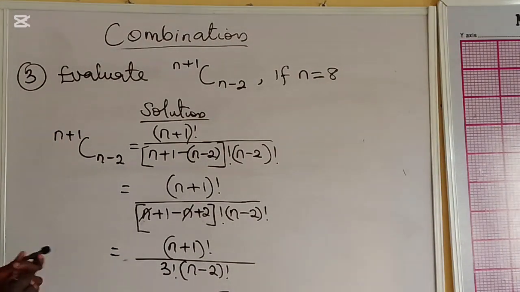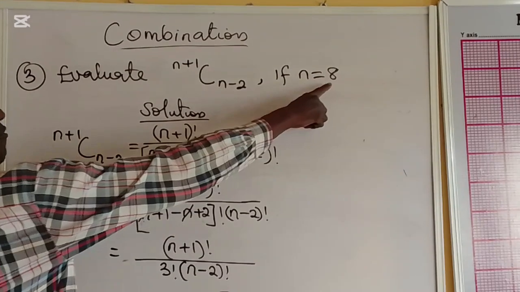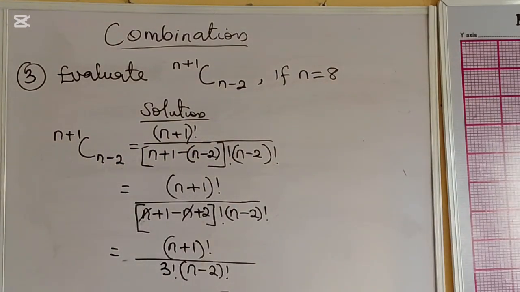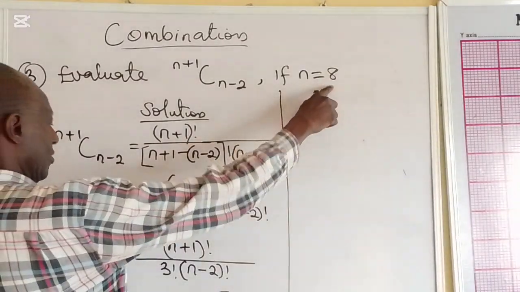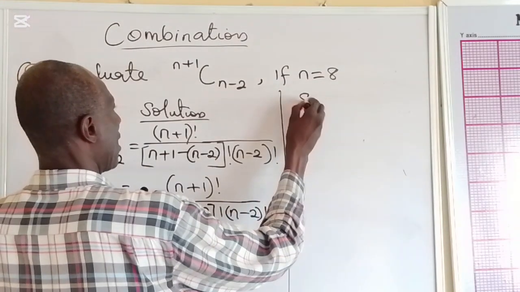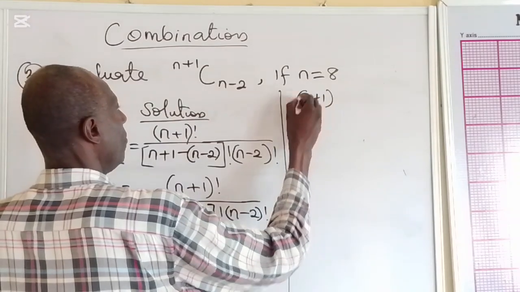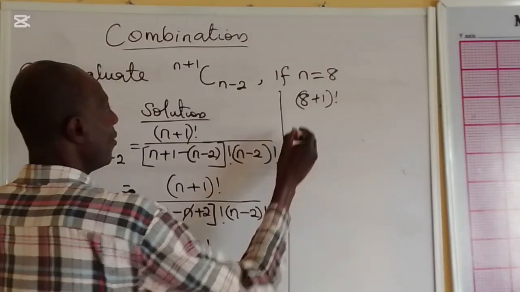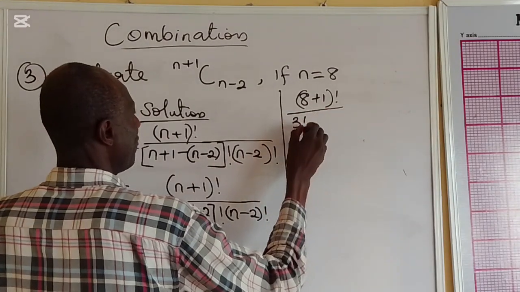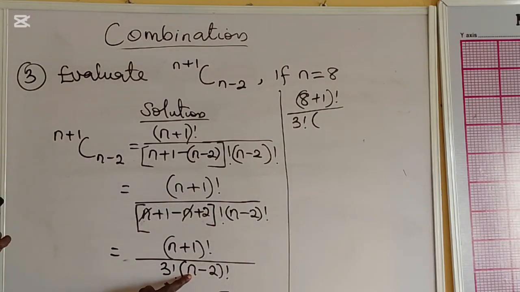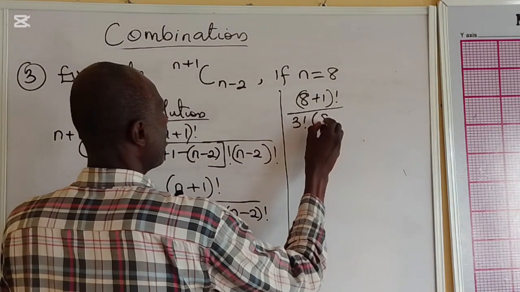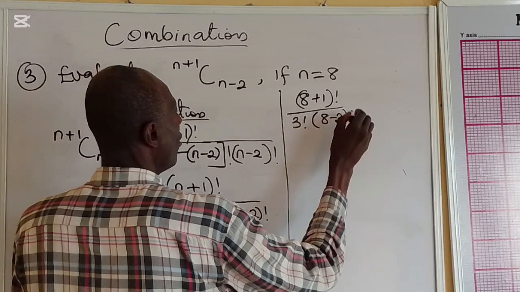It is now we can substitute the value of 8. Now, n is 8. So 8 plus 1 factorial over 3 factorial into, yes, now 8 again, (8 minus 2) factorial.